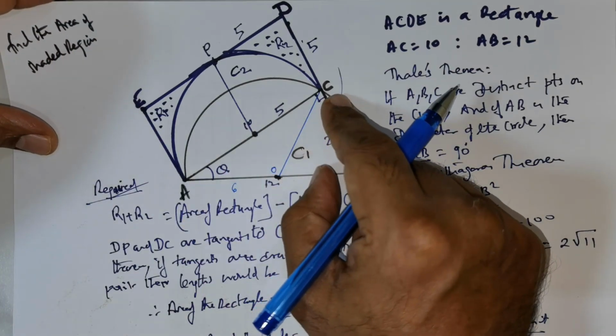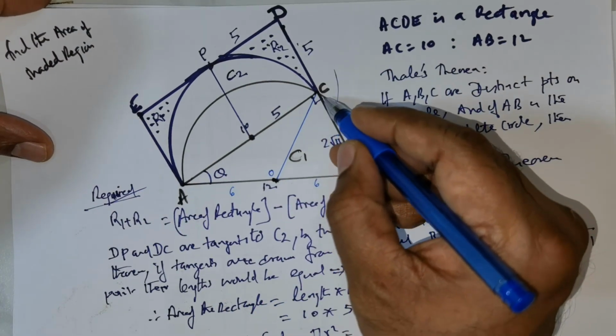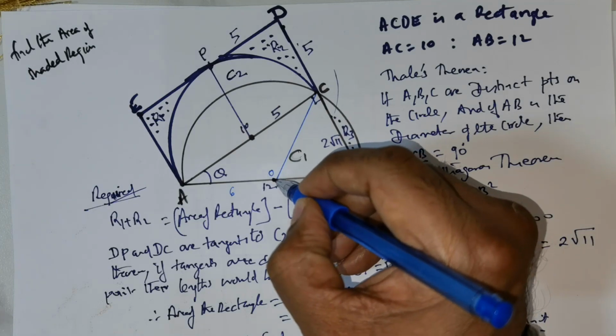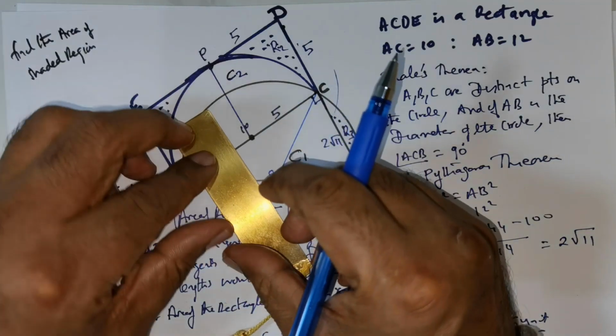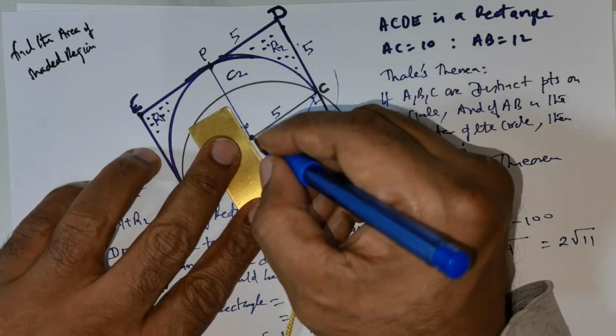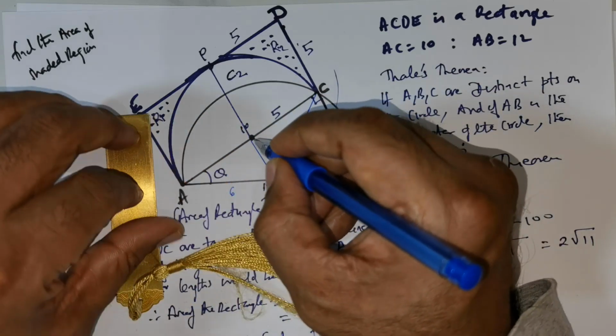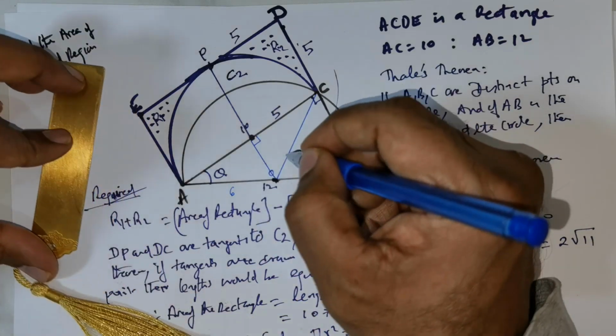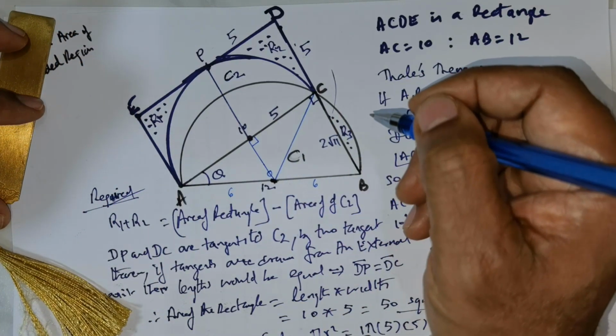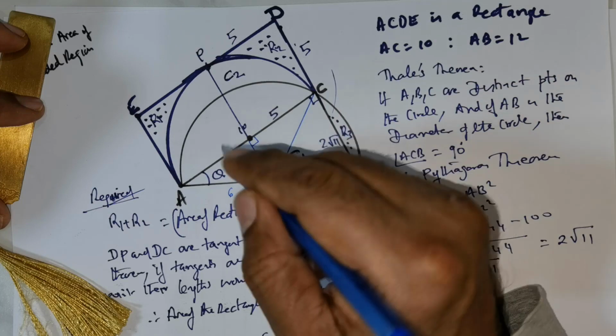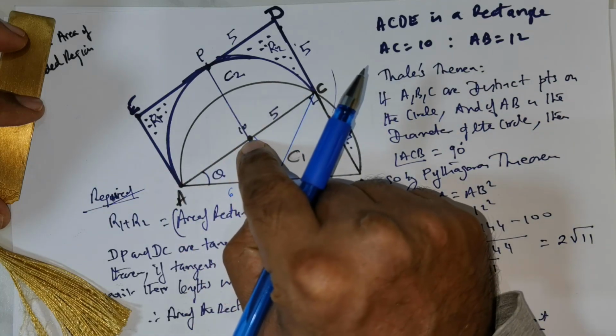Now if I take this triangle as AOC, clearly AOC is an isosceles triangle. From the head of the isosceles triangle, if I drop a perpendicular, that would divide the triangle into two equal parts. That would mean this is a 90-degree angle.